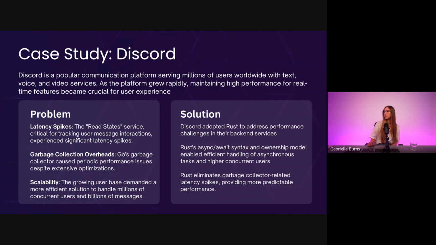So Discord solved this by adopting Rust to address performance challenges in their backend services. The async await syntax and ownership model enabled efficient handling of async tasks and high concurrent users. So by eliminating the garbage collector related latency spikes by switching from Go to Rust, they're able to provide more predictable performance.